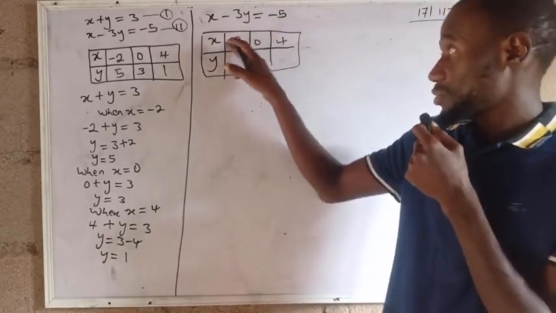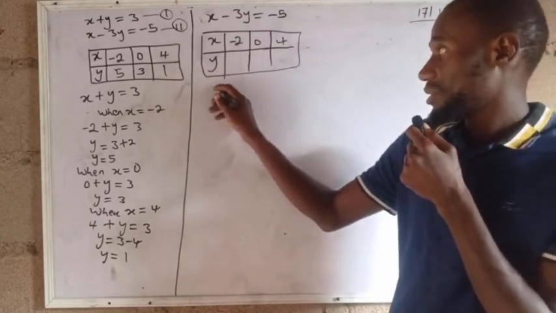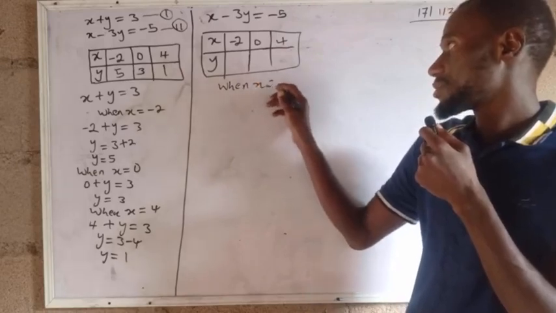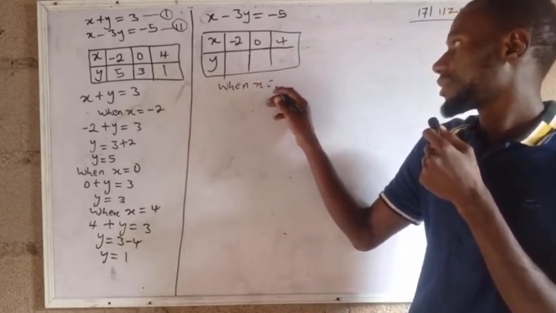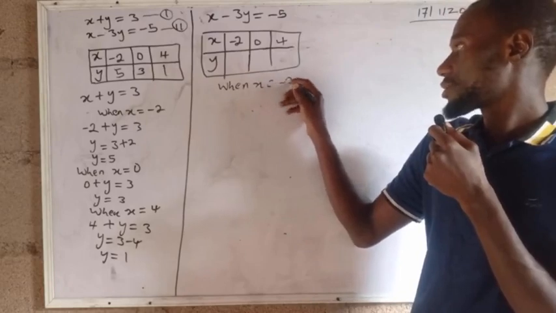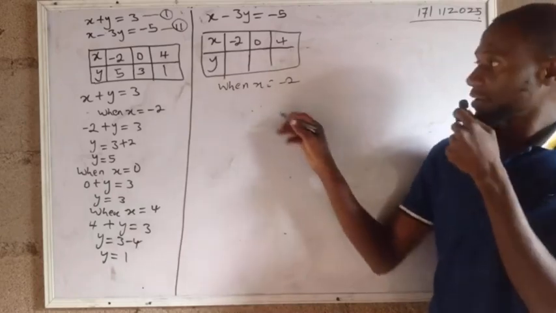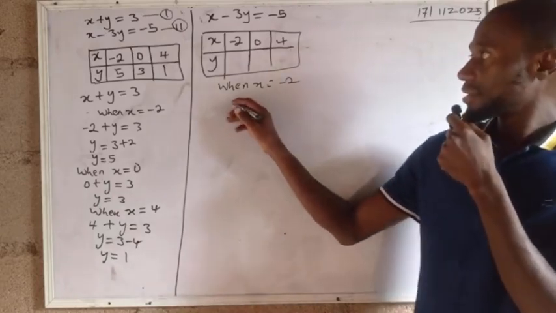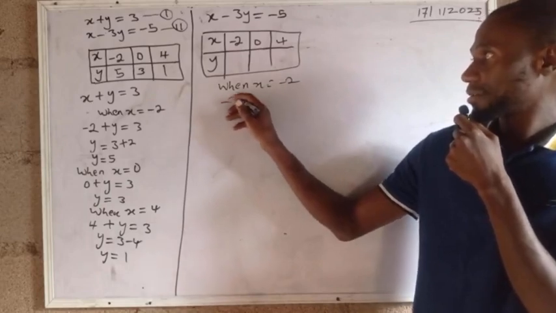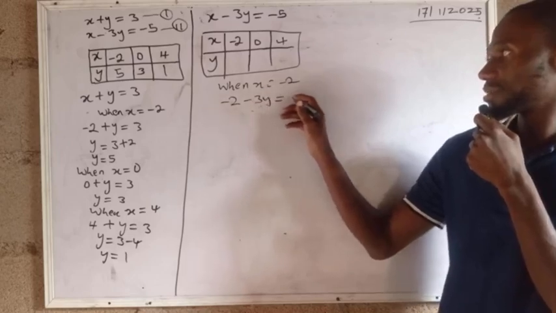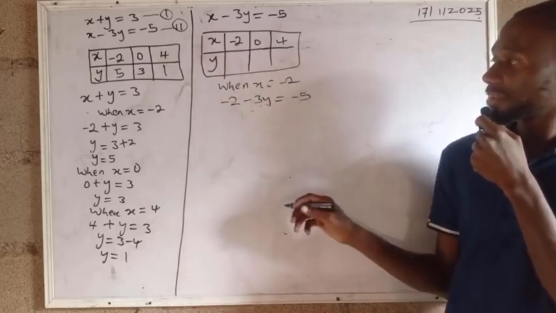We are going to substitute the value of x in this equation. When x is equal to -2, we have -2 minus 3y is equal to -5.